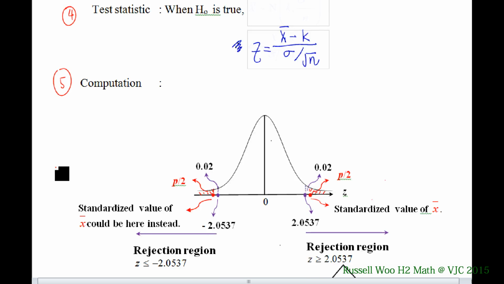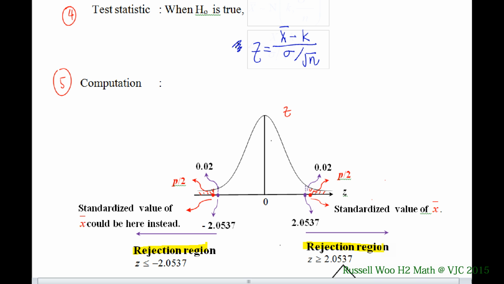So, look here. This is the Z curve, the standard normal curve. For you to reject H naught, it must fall in your rejection region. And because it's a two-tailed test, it must fall inside the rejection region either way. Follow what I'm saying?